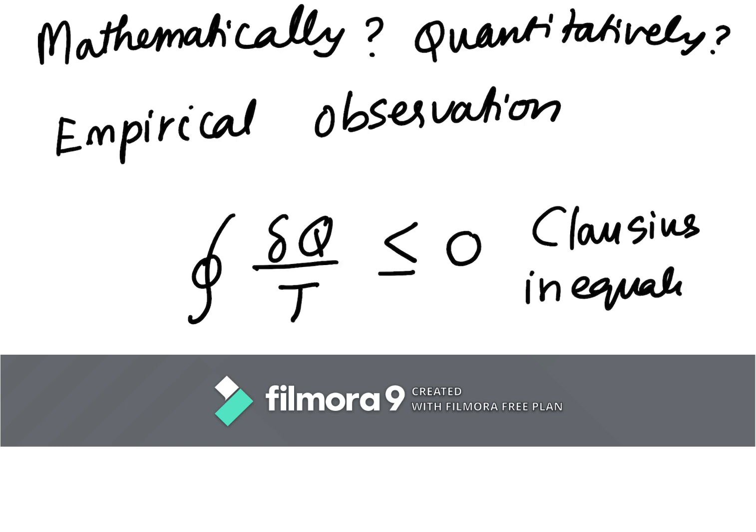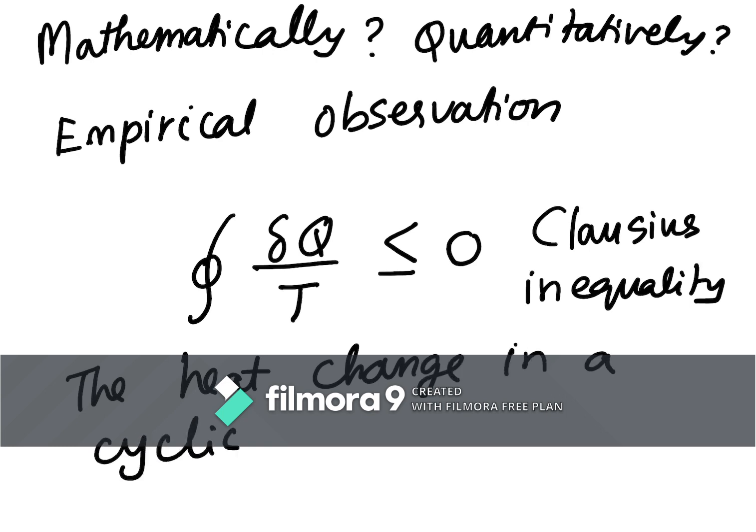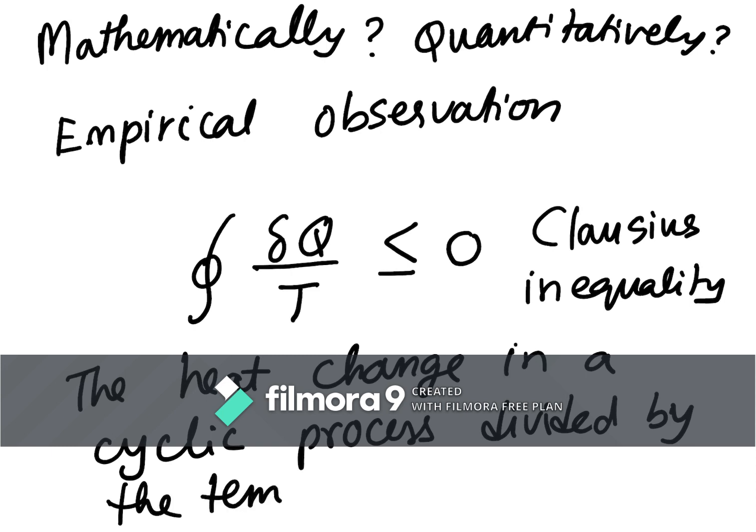inequality. The Clausius inequality was observed by the German physicist Clausius, and it is stated as, I write it in words, the heat change in a cyclic process divided by the temperature is always observed to be less than or equal to zero.